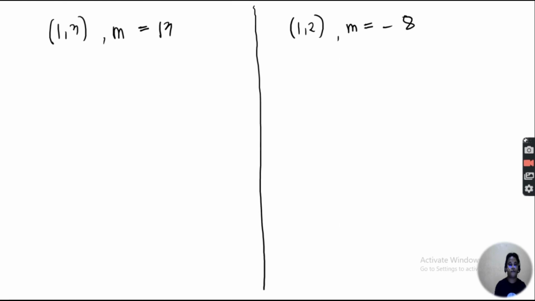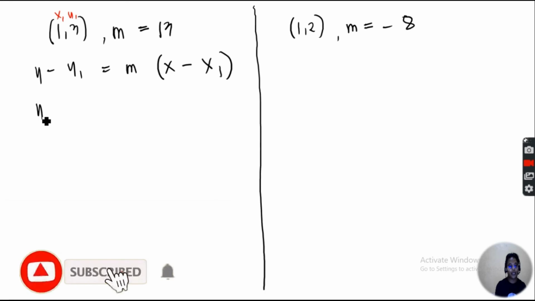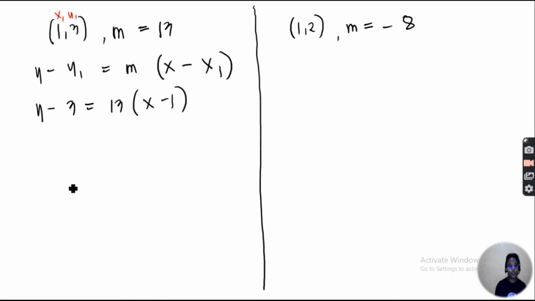So, using the point-slope form, so we have y minus y sub 1 is equal to m times the quantity x minus x sub 1. So, we have x sub 1, y sub 1, and m is equal to 13. So, y minus 3 is equal to 13 times the quantity x minus 1.